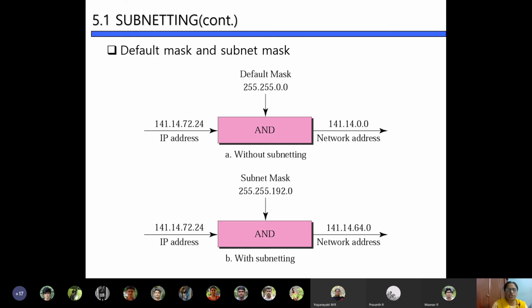So suppose you allocate a few bits for subnet ID, those should be specified as 1, and the decimal equivalent of that number will be the subnet mask. You should know the default subnet mask and the actual subnet mask. How the actual subnet mask is calculated: the bits you allocate for net ID and subnet ID must be given as 1, and the decimal equivalent of that number is represented as the subnet mask.